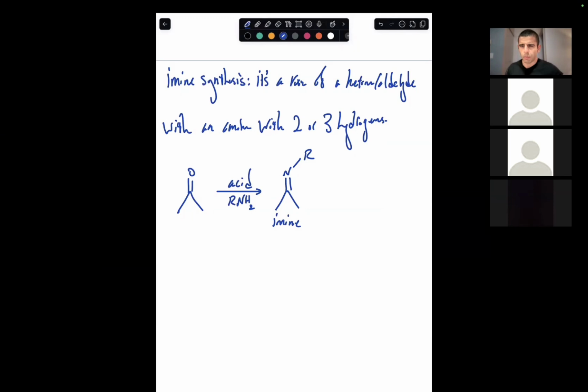So you're like, why does it need to have two or three hydrogens? Well, we're going to show the mechanism, of course, but in order for this to make a double bond with something, it needs to lose two bonds. So it needs to have at least two to lose, so you can replace those bonds with the carbon here.